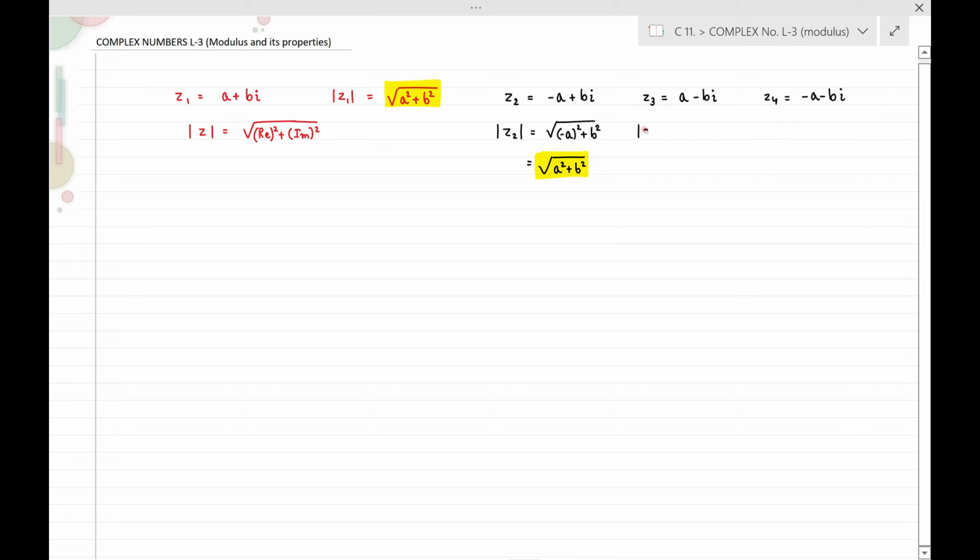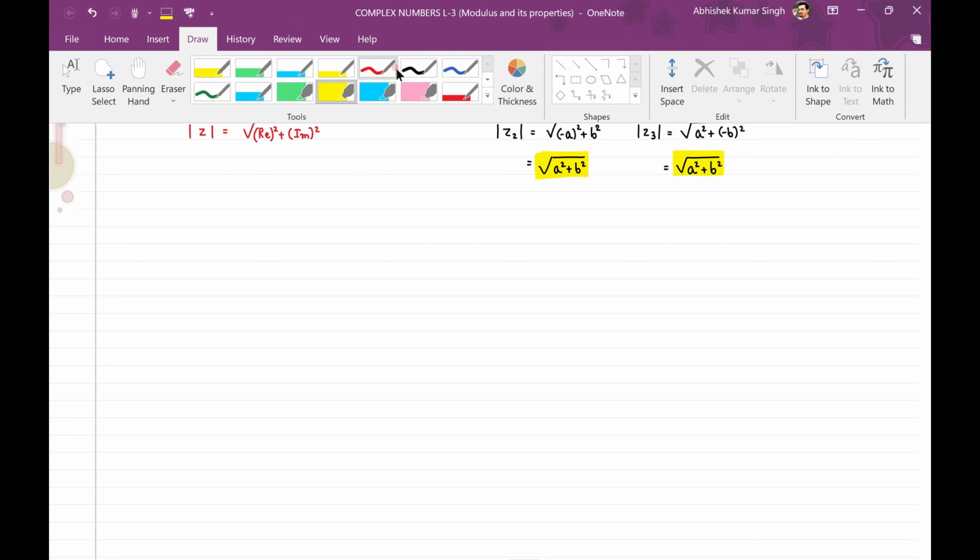Now mod of z3, the absolute value of z3, will be under root real part square plus imaginary part square, that is equal to under root a square plus b square. Again we are getting the same value as with the other two.